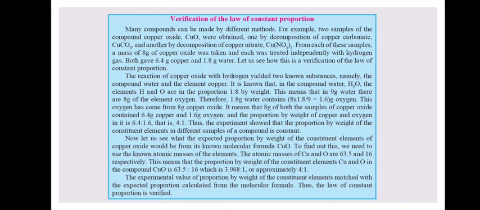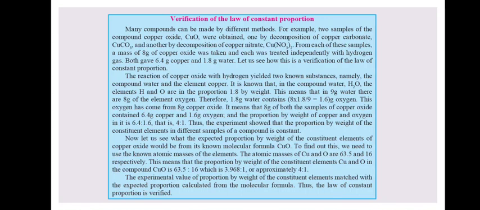So it is known that in the compound water, the elements H and O are in the proportion 1 is to 8. This means in 9 gram water, there will be 8 gram of oxygen and 1 gram of hydrogen. Followed, student? And so on.